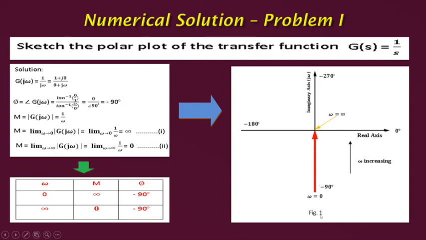But we cannot draw a magnitude of infinity, so we consider this as the starting point, and as omega is increased, the magnitude decreases but the phase angle is the same, then this is the finishing point. So this is the polar plot.